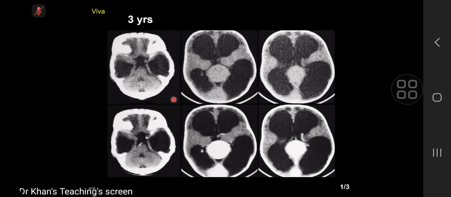This is causing significant secondary hydrocephalus with dilatation of both the frontal and posterior horns. Having a look at the image on the bottom right, I think I can connect this bulb-like structure to the straight sinus more posteriorly. So my findings will be in keeping with vein of Galen malformation.